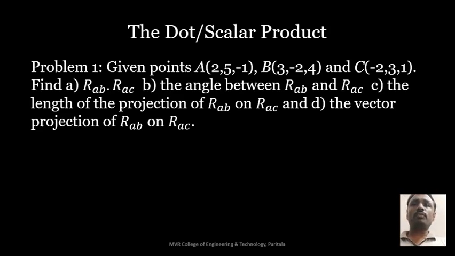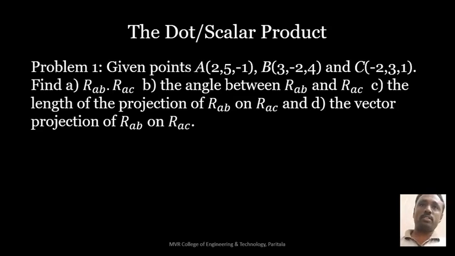Next, the length of the projection of RAB on RAC. What do we have to do at this time? RAB on RAC means we need to identify the unit vector regarding RAC. How can you identify the unit vector of RAC?